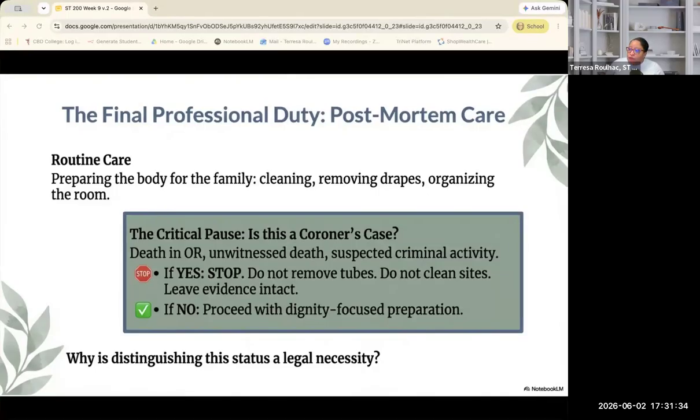Okay. So the question: will death, suspected criminal activity be in the file, or would we know? It depends on, and that's an excellent question, it depends on what file or record we're looking at. You'll definitely know.